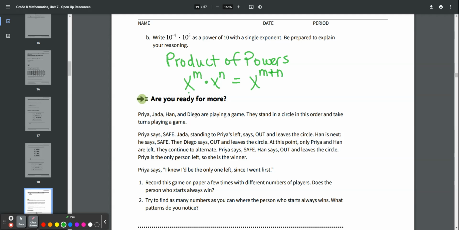It ultimately comes out to just repeatedly multiplying x multiple times. So with this explanation, 10 to the -4th plus the 3rd would give us a value of 10 to the -1st power. And there's our justification. Okay.